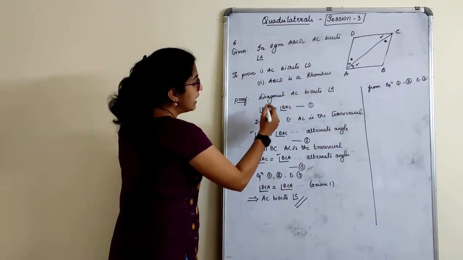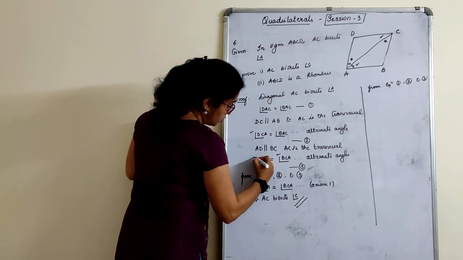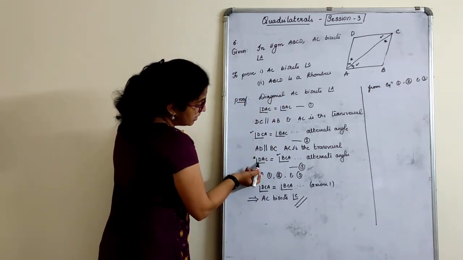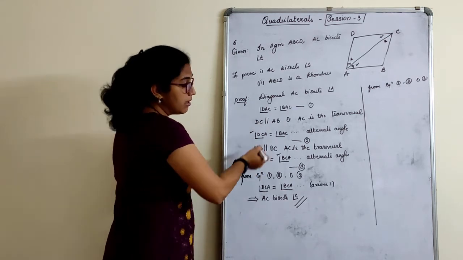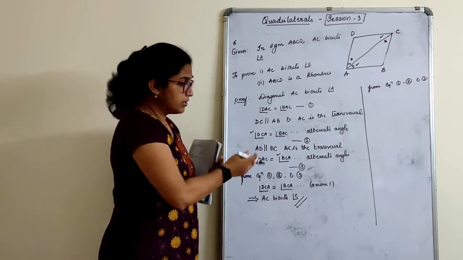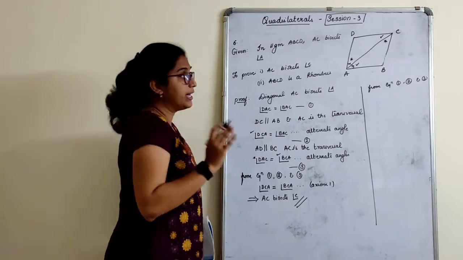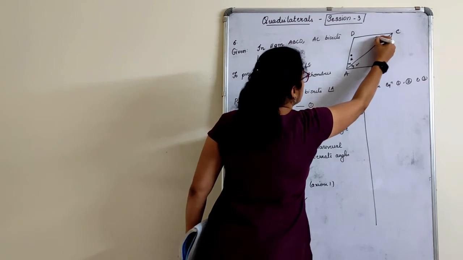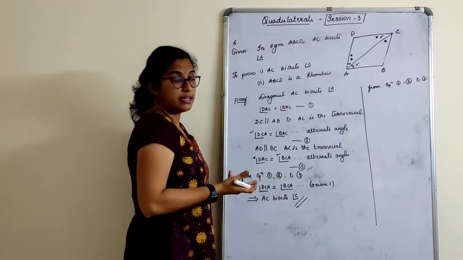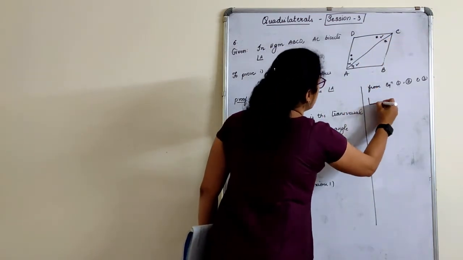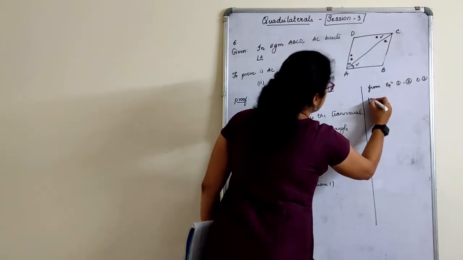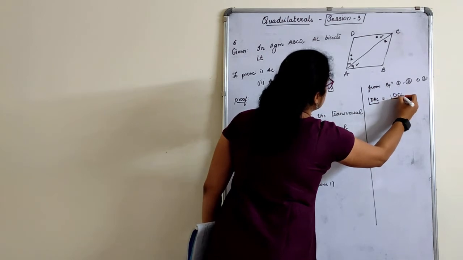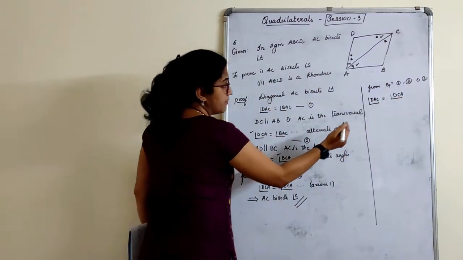Where did we find that? Angle DAC, I can choose this angle, is equal to angle DCA. All of this will come in equal form only. All are equal from equations 1, 2 and 3. This angle is equal to this angle. Yes, they are equal. Write it. Angle DAC is equal to angle DCA. Okay. Axiom 1 shall be right.